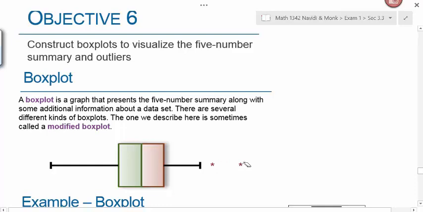On a modified box plot, we use an asterisk for any data value that's more than 1.5 IQR away from the box. So these data values would be more than 1.5 IQR above Q3. On a box plot, these would be considered outliers.